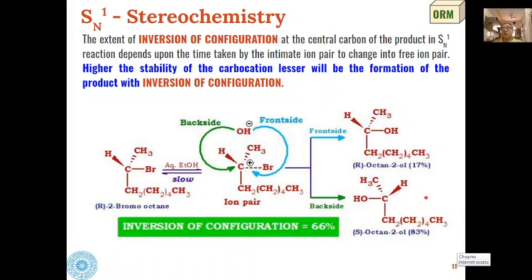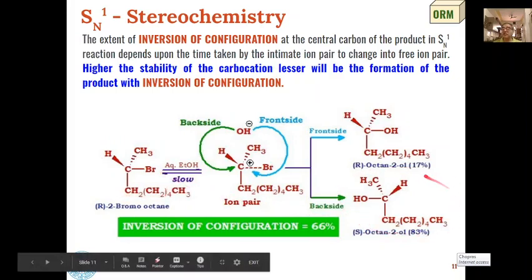So this is how, on the basis of stereochemistry, we can differentiate between SN1 and SN2 type of reaction. And if this reaction would have taken place by SN2, then only backside product would have been formed. That no product from the front side would have been possible.